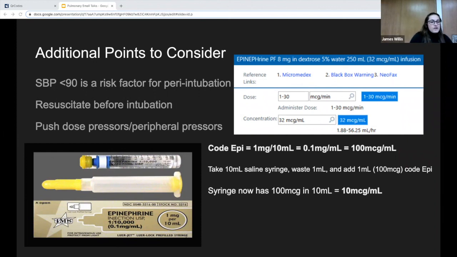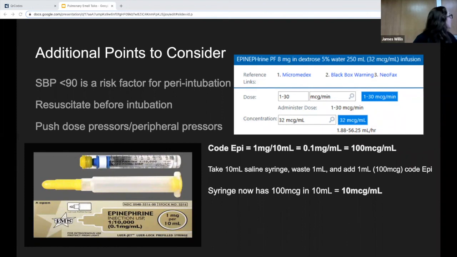That'll make your syringe now have 100 micrograms of epi in 10 cc's of volume, which converts to 10 micrograms per cc. And that's within the range of what you'd be giving from your bag of epi otherwise.